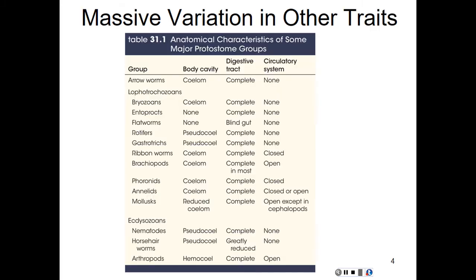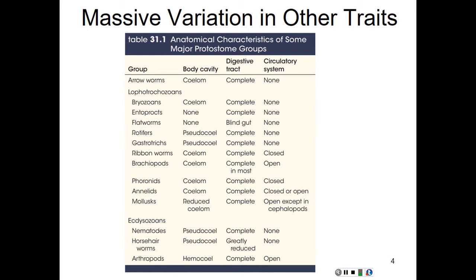There are massive amounts of variation in other traits. It's a little bit difficult to come up with a nice, clean set of traits for a protostome because there is variation in body cavity. Some are coelomates, some are pseudocoelomates, some are acoelomates.